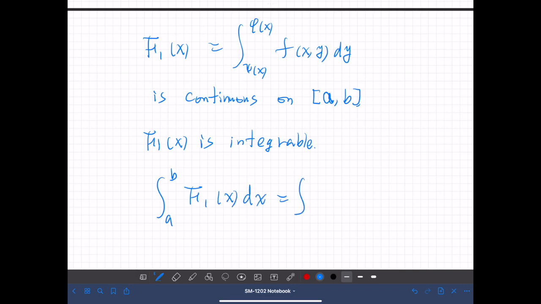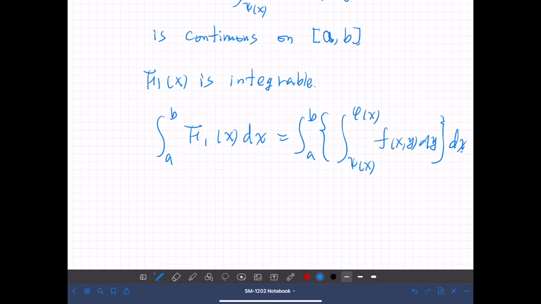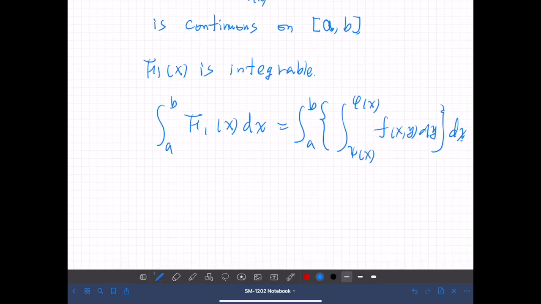So that is the integral between psi of x and phi of x, f of x y, dy, and dx. So this is the iterated integral for a function defined on a region that is sandwiched by two continuous curves, psi and phi.